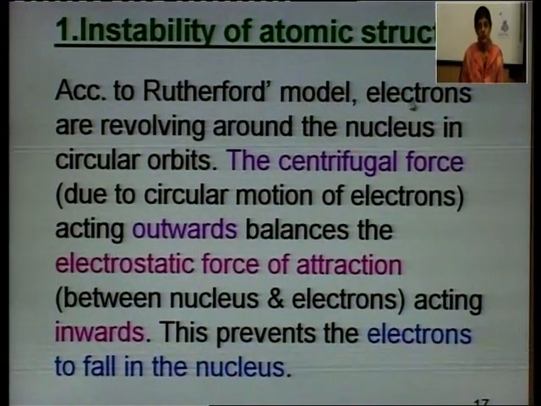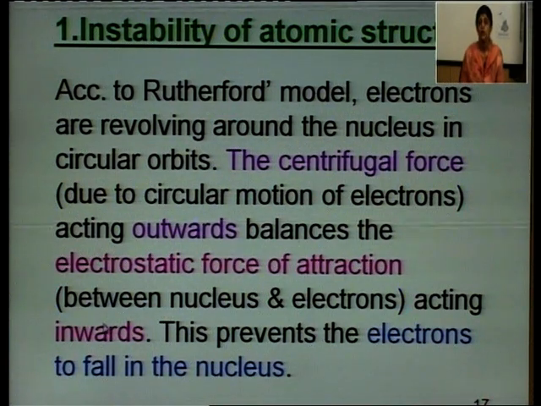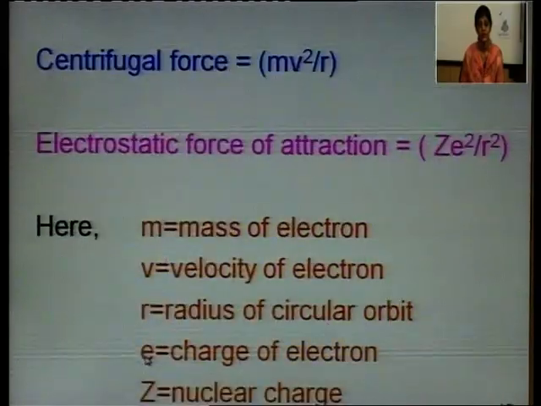According to Rutherford's model, electrons are revolving around the nucleus in circular orbits, and the centrifugal force acting outwards balances the electrostatic force of attraction which acts inwards, and this prevents the electrons from falling into the nucleus. Let's see.